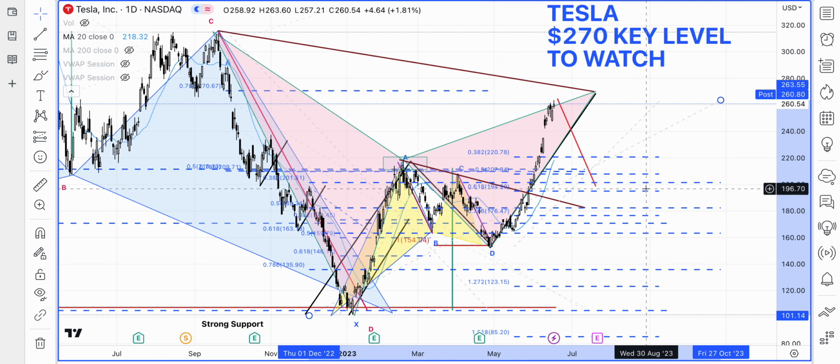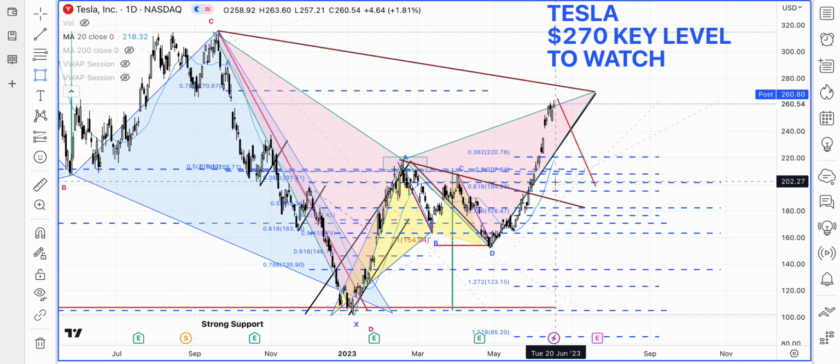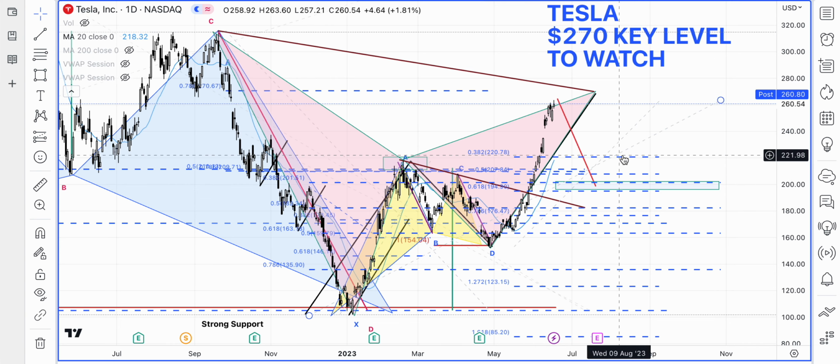So it is just giving us a zone, a confluence level of somewhere between 200 to 195, for example. So I will just highlight that here as a potential possibility for a pullback.